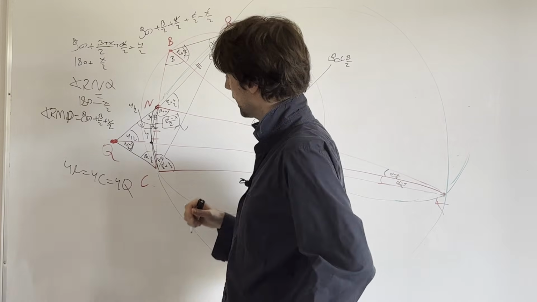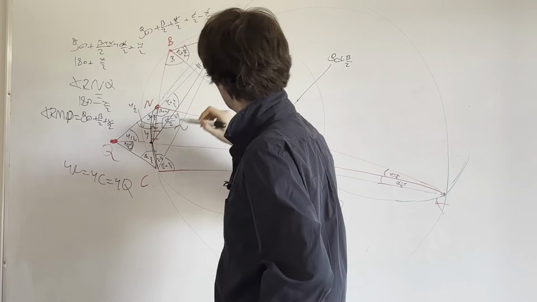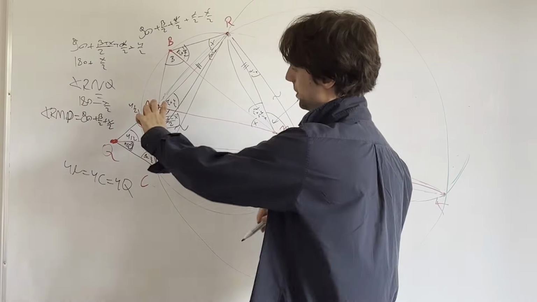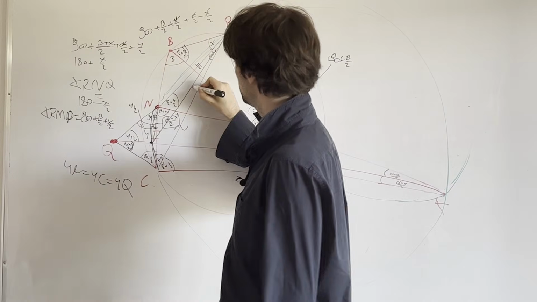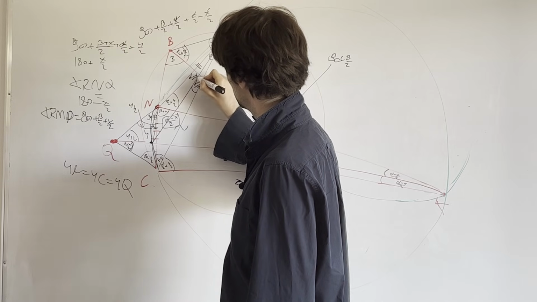And also, I can connect, I know that RY, given this is the midpoint of this arc, is the angle bisector, so this is alpha minus x over 2, alpha minus x over 2.